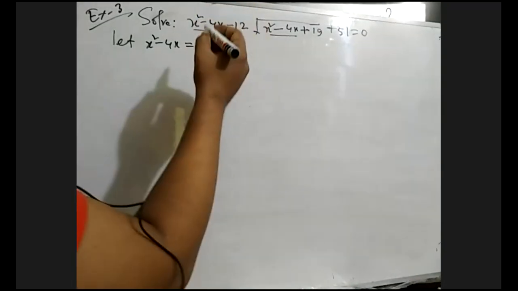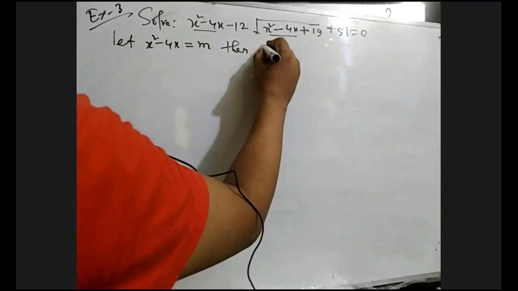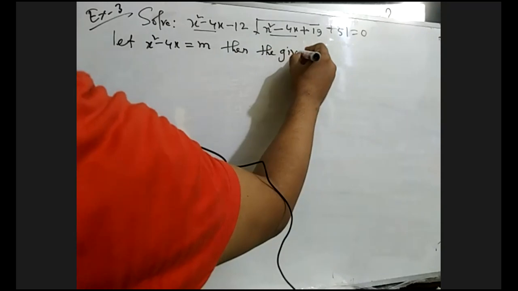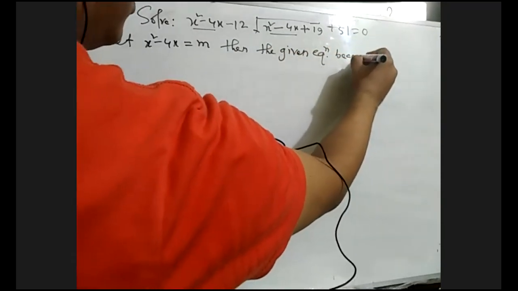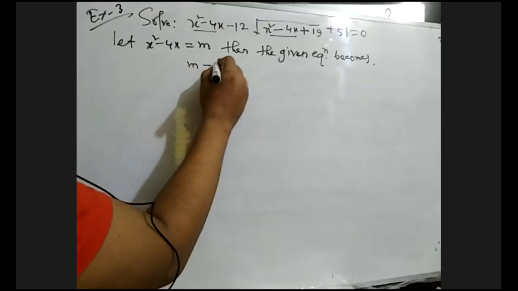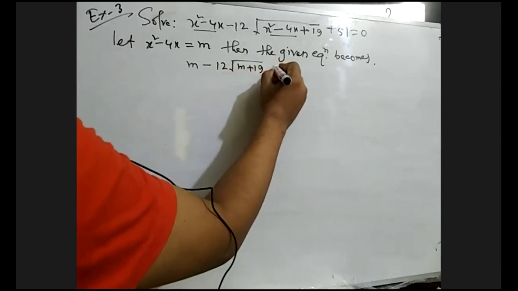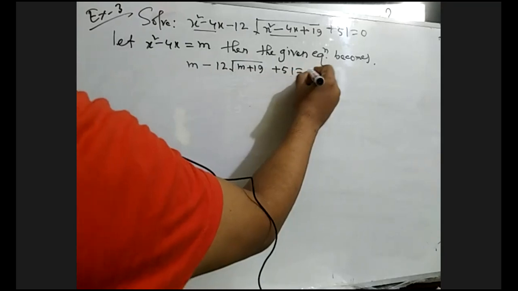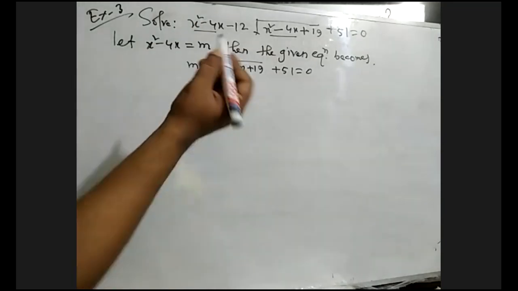Then the given equation becomes m minus 12 times root of m plus 19, plus 51 equals 0. Just putting x square minus 4x equals m, then it looks very easy.